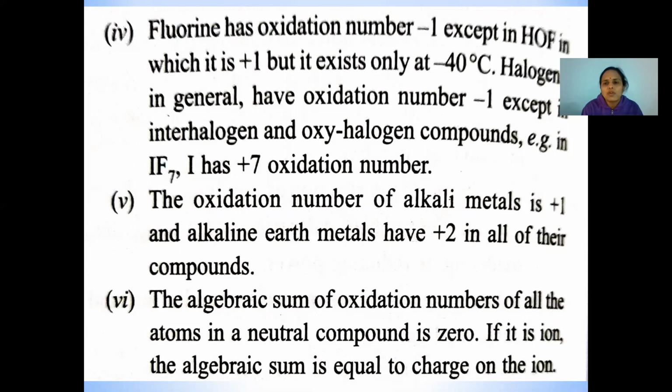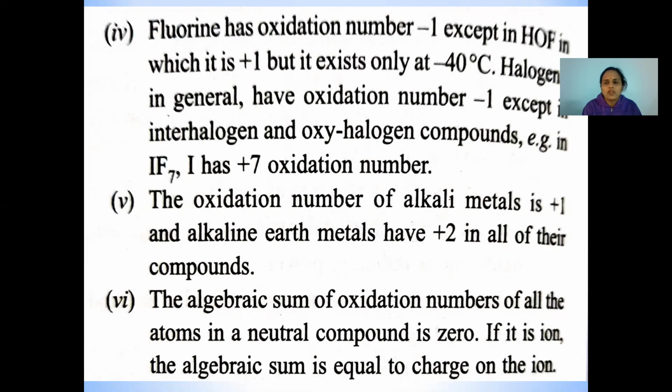The oxidation number of alkali metals is +1 always, and alkaline earth metals have +2 oxidation number in all of their compounds. Sixth rule, the algebraic sum of oxidation numbers of all the atoms in a neutral compound is 0. If it is ion, the algebraic sum is equal to the charge on the ion.